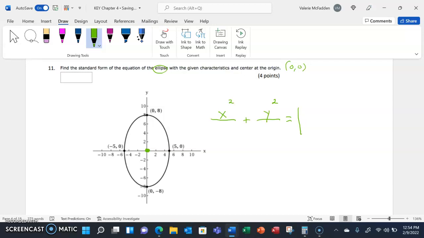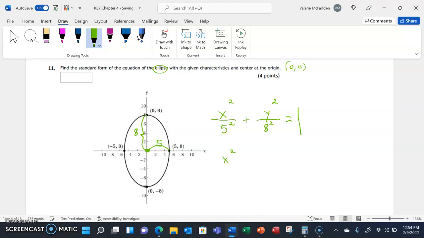Okay, this one's going to be really easy because look at how many we move on the x-axis. We move 5. So underneath the x squared will be 5 squared, or 25. Look how many we move from the center on the y-axis. We move 8. So underneath the y squared will be 8 squared, which is 64.